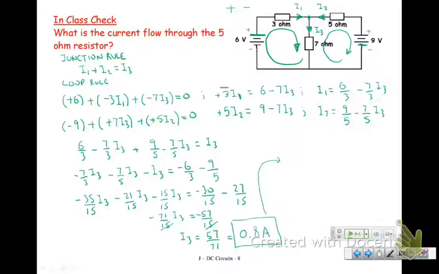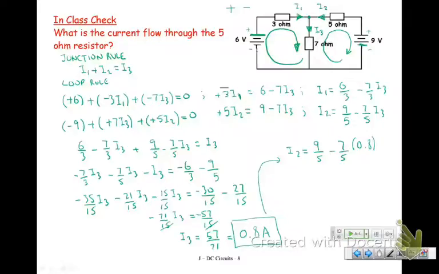So I go up here to this expression with I2. So I2 is equal to 9 over 5 minus 7 over 5 times 0.8. And I can figure that out. So let's do it backwards. 0.8 times 7 equals, divided by 5 equals, and then bracket 9 divided by 5 bracket minus second answer, and I'm getting 0.68.